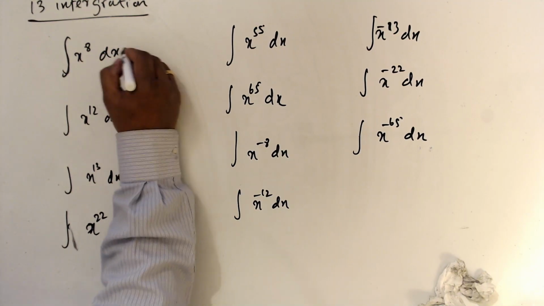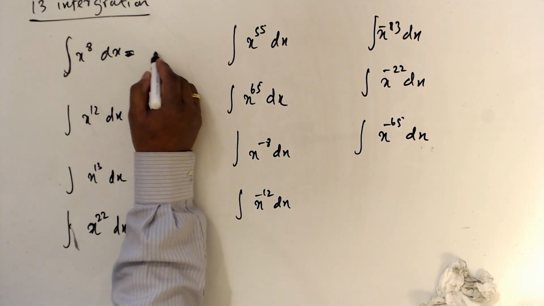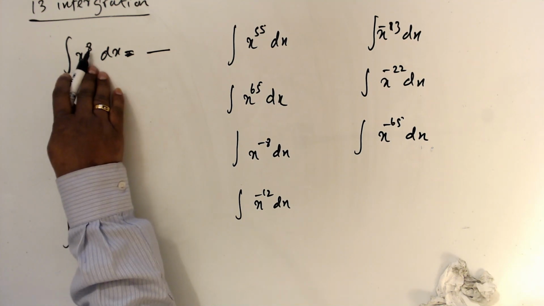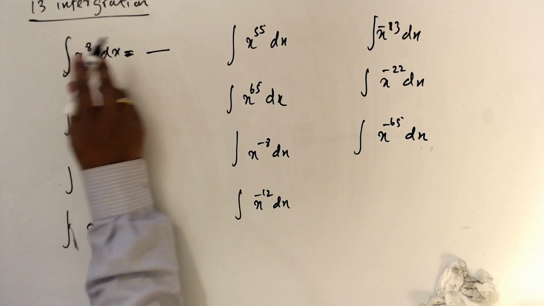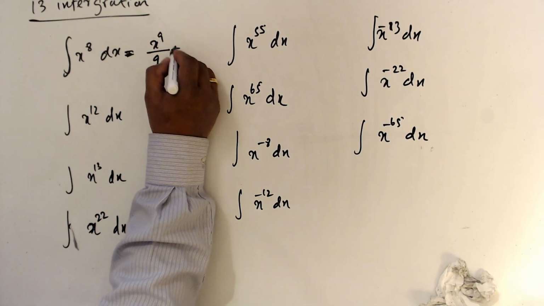Let's try to answer some questions for practice. What is the answer for this one? x^8, add 1, 9, and divide by 9: x^9 over 9 plus c.